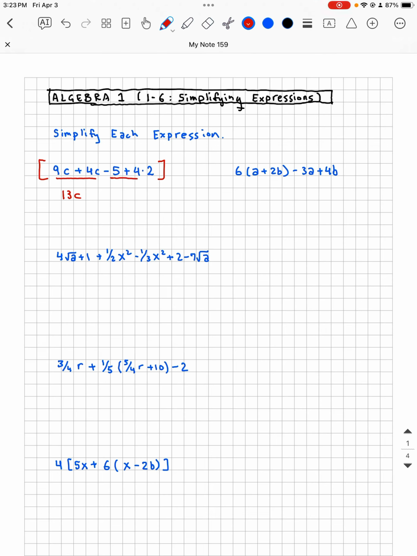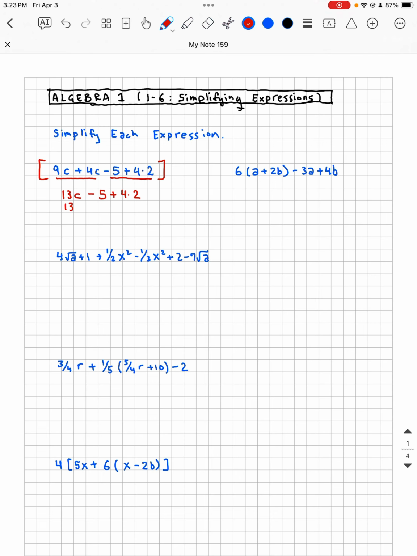As for the second part, minus 5 plus 4 times 2, we're going to need the order of operations to simplify this as well. I'll take it one step at a time and write each one out so you can see what's happening. First I rewrite the first part, just simplifying the first two. From the second step to the third step, I use the order of operations, which says I need to multiply 4 and 2 together because multiplying comes before subtracting.